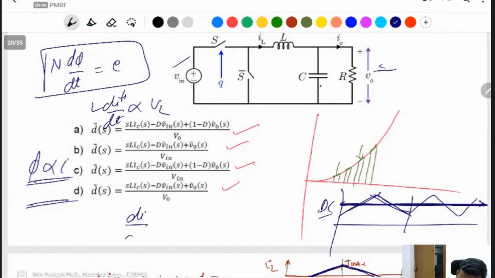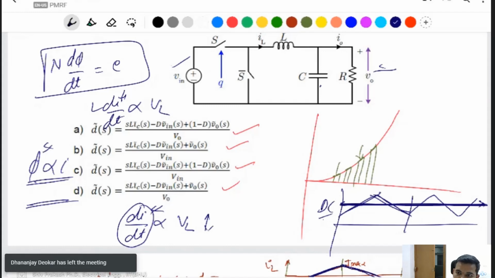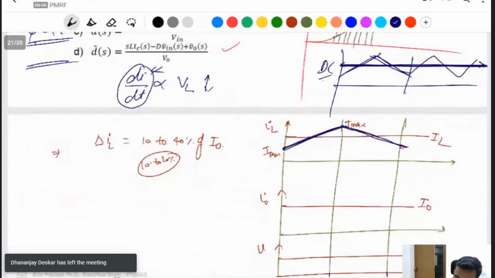Di by dt is directly proportional to the voltage VL. If you vary VL, you vary the current di by dt. If you vary the current, the flux will vary, and then the inductor will work. If you change the flux, it means you have some AC quantity in the inductor current.